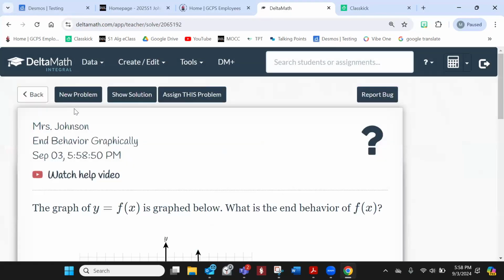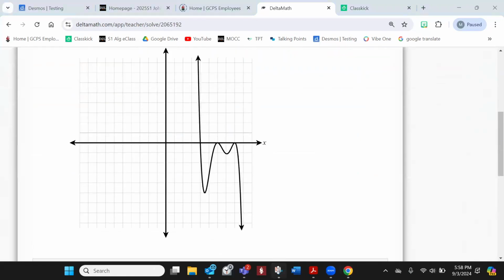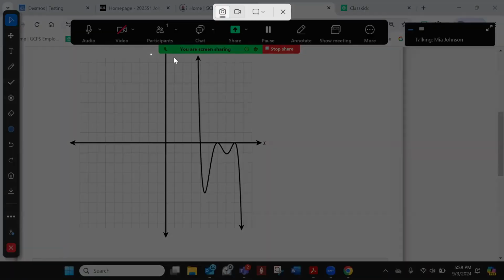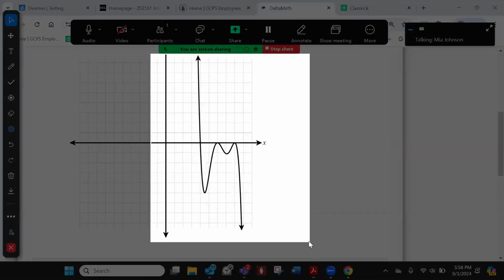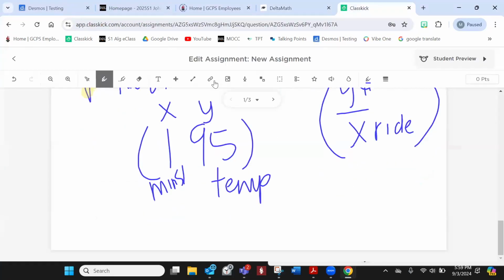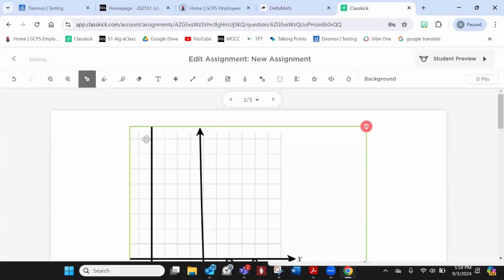All right, end behavior. So let's talk about this. When we talked about this in class, hold on. I am going to get a snippet of this and put it over here. Okay, so we talked about end behavior. Well, we talked about all of these in class.